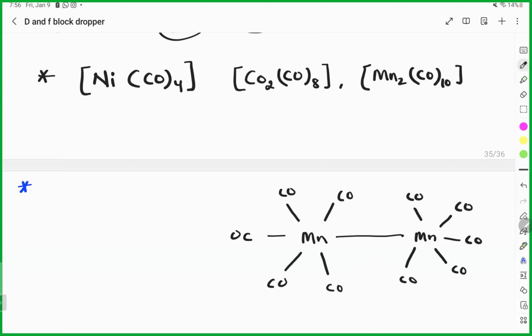Okay, sir. In cobalt, you have a bridge. Yes, we have a bridge in cobalt, but not in this case. How?